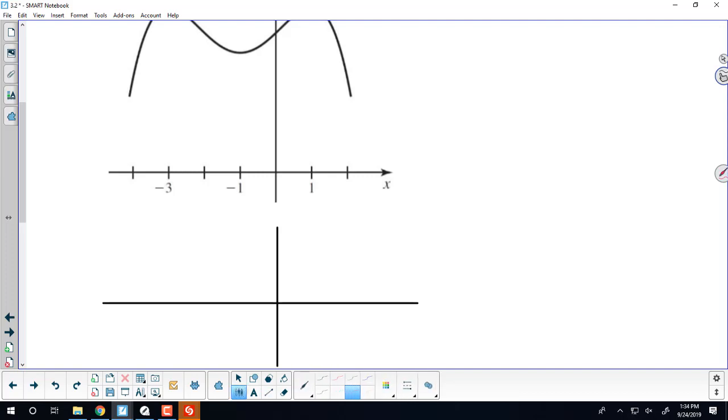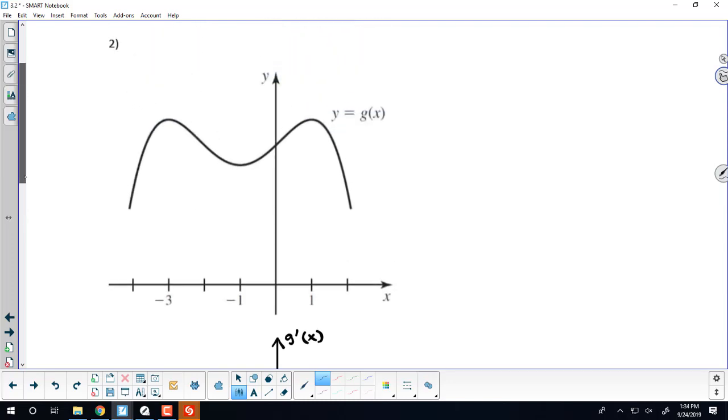And then here we'll graph g prime. So with the curves, what I would recommend first is finding any place that you have a horizontal tangent. So are there any locations on g where we have a horizontal tangent?